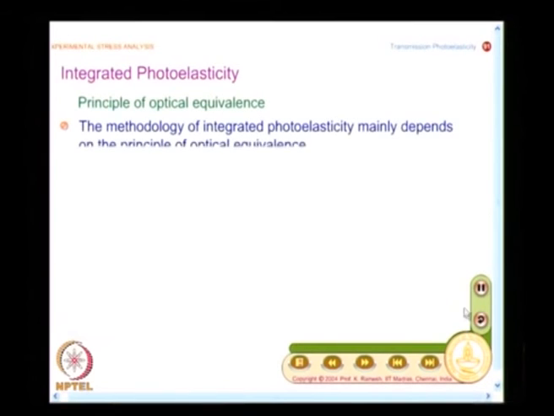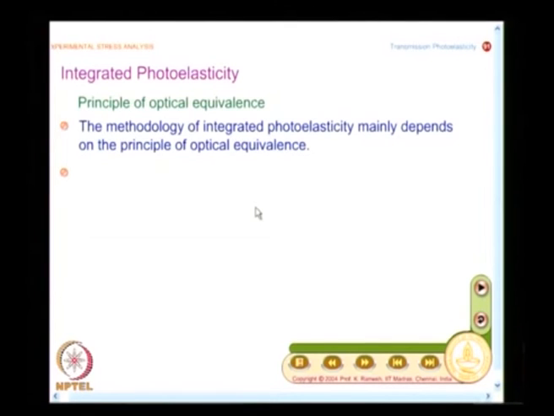Now, we have seen that the conventional 3-dimensional photoelastic approach involves stress freezing and slicing, and you must have really seen that it is experimentally intensive. I am sorry, it is not mathematically intensive, it is experimentally intensive.